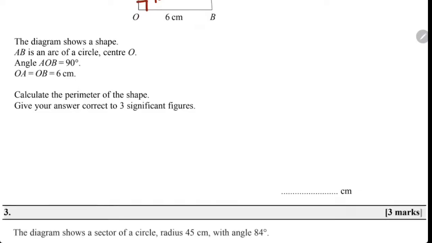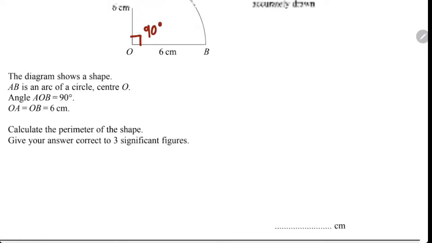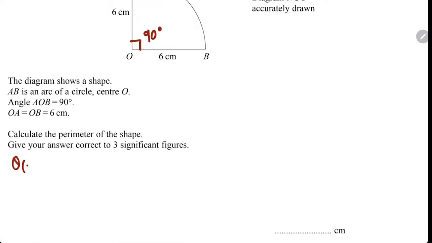So you're going to say theta in rad before you start any calculations. This is equal to 90 degrees, their theta in degrees, divided by 180, because you don't want degrees, and you multiply by pi rad.